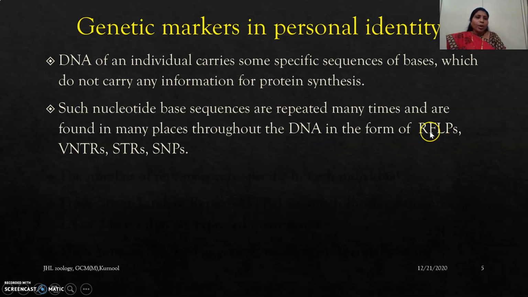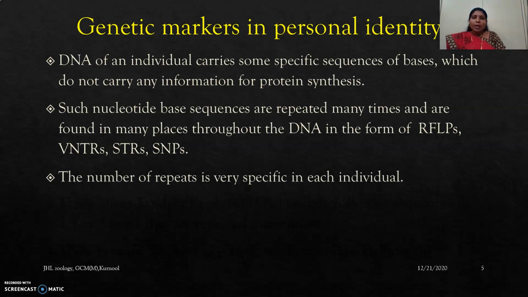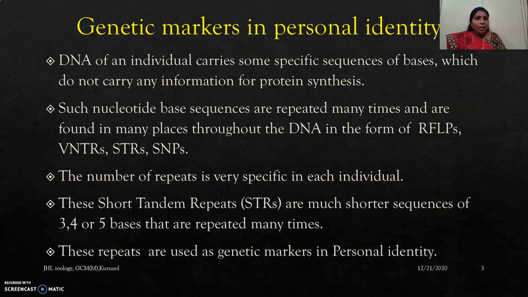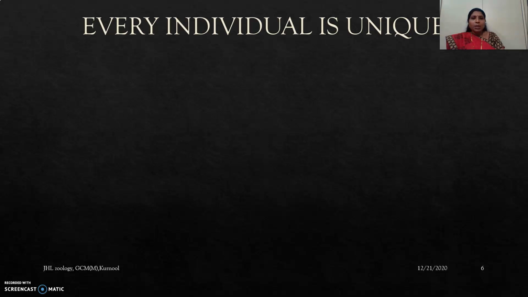RFLP, restriction fragment length polymorphisms. VNTR, variable number tandem repeats, and STRs, short tandem repeats. SNPs, single nucleotide polymorphisms. The number of repeats is very specific in each individual. These short tandem repeats are much shorter sequences of 3, 4 or 5 bases that are repeated many times, and these repeats are the ones used as genetic markers in personal identity.